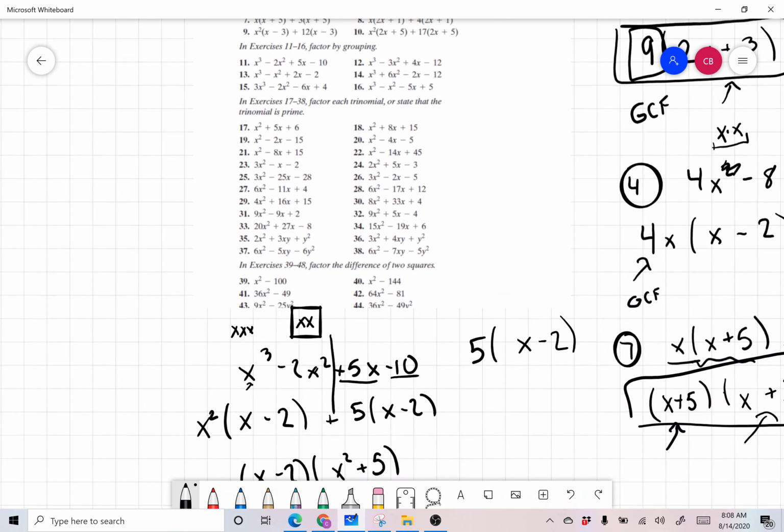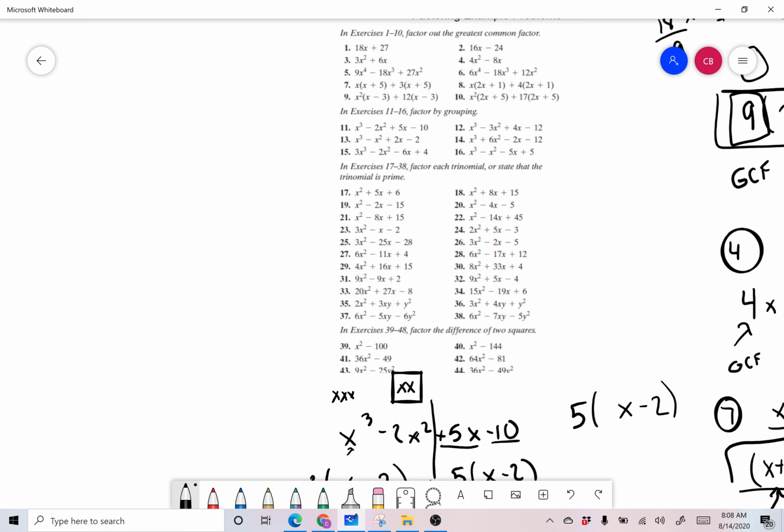Okay. Let's do 14. X to the third, 6 squared. All right, so let's do this one. So, still by grouping, we're factoring out an x squared.